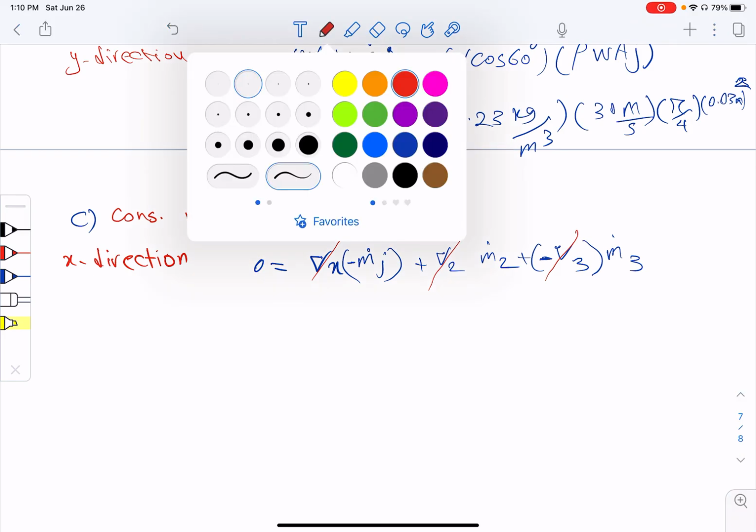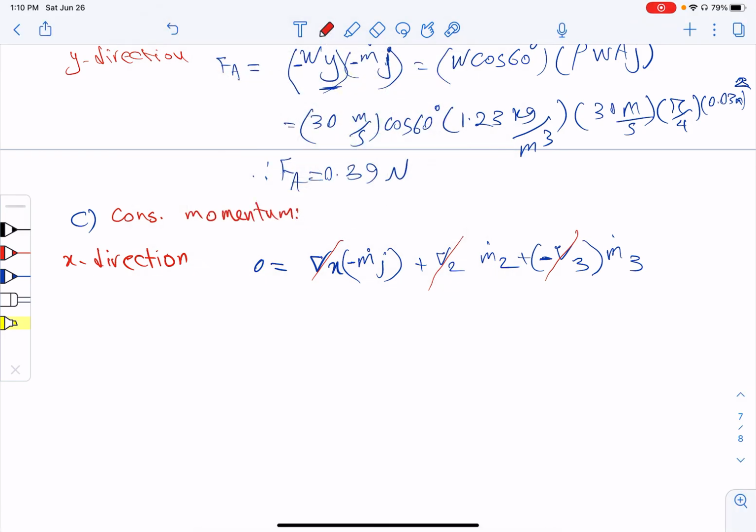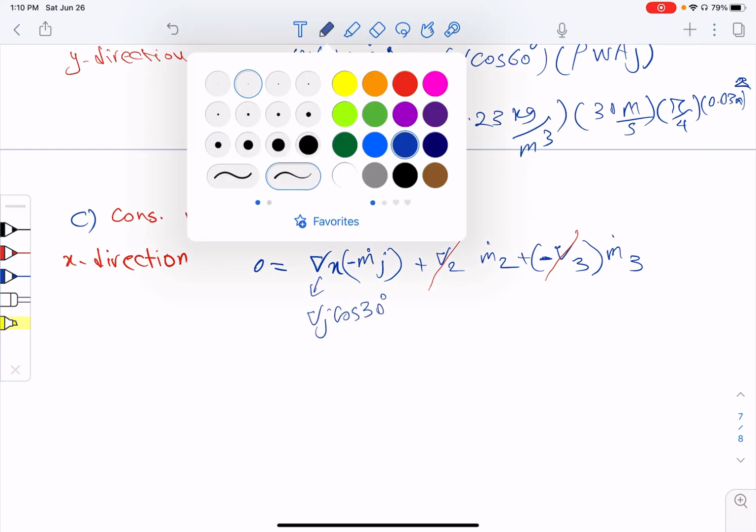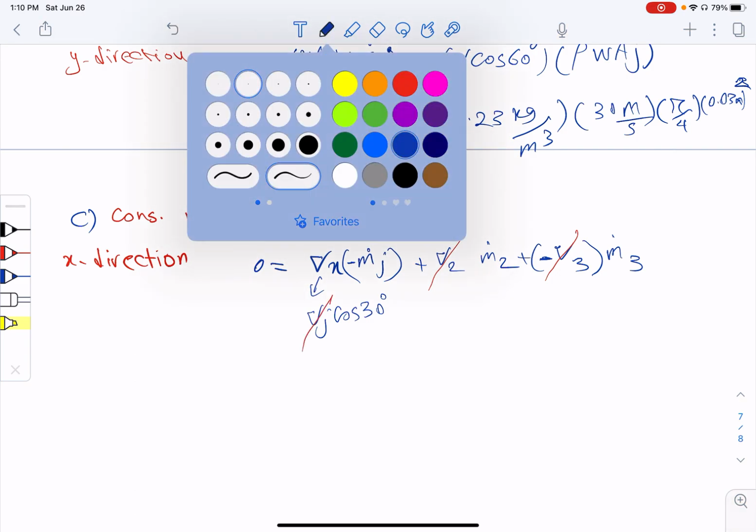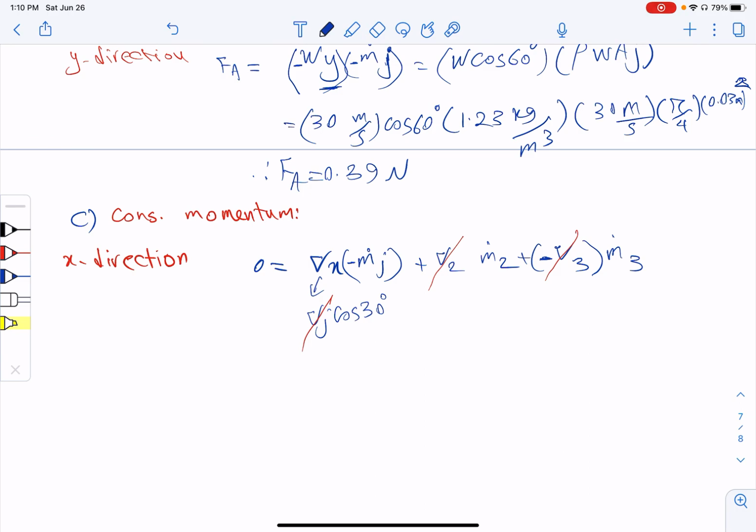Oh, sorry, this one is wrong, because Vj is equal to them, not Vx. So if we write down Vx as Vj times cosine 30 degrees, then this Vj is going to be cancelled out. If we simplify and rearrange, at the end we get m dot 2 equal to m dot 3 plus m dot j times cosine 30 degrees, right?